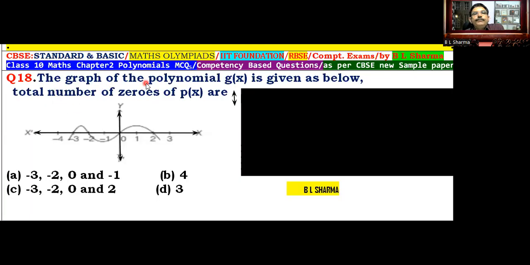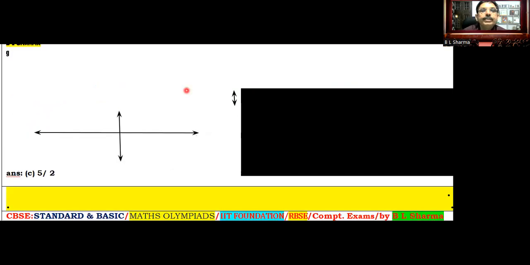The graph of the polynomial g(x) is given as below, and we have to find out the total number of zeros of this polynomial g(x).